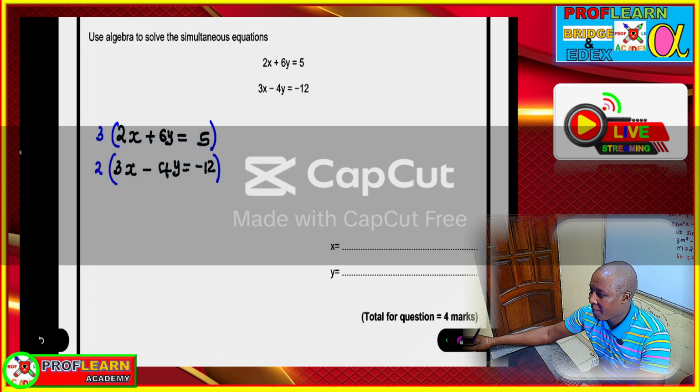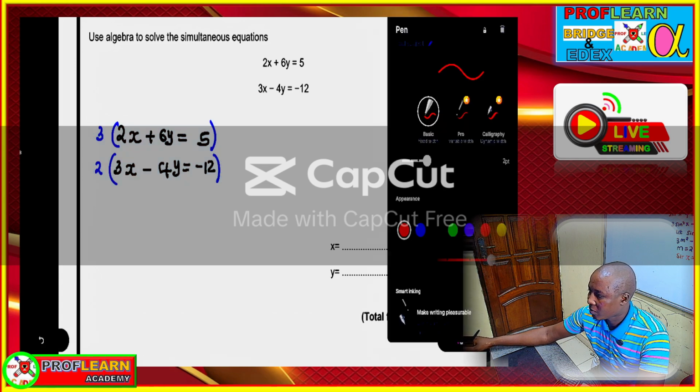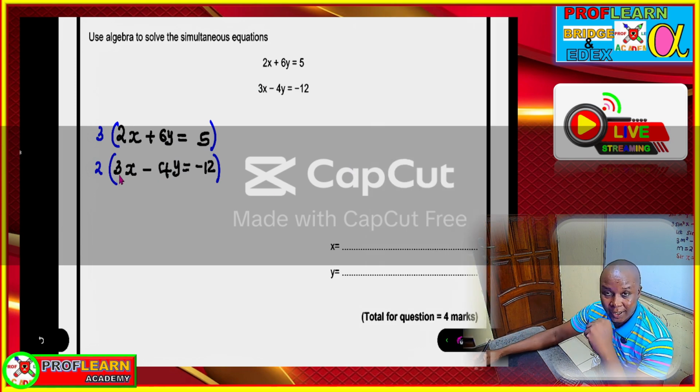Okay, so what I've just done: I want to eliminate x, so I have to ensure the coefficients of x are the same. So I multiply the first equation by the coefficient of x in the second equation. So this is going to be 6x plus 18y.